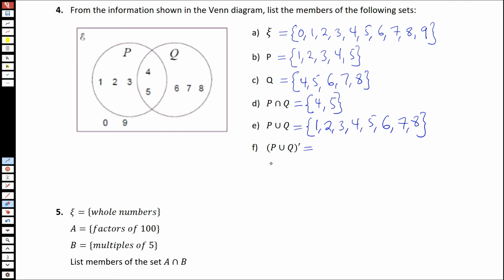So that will be 0, because 0 is not in this set here, and also the other number is 9. 9 is not in this set.